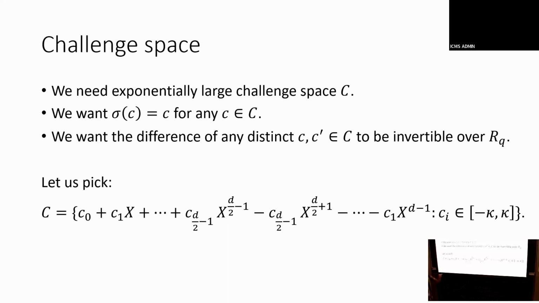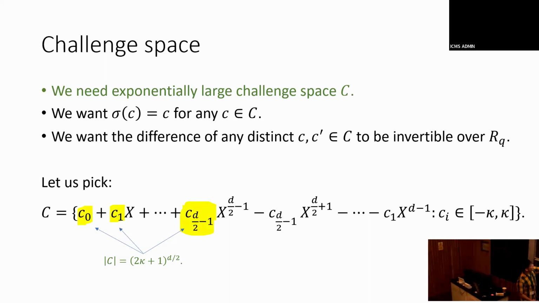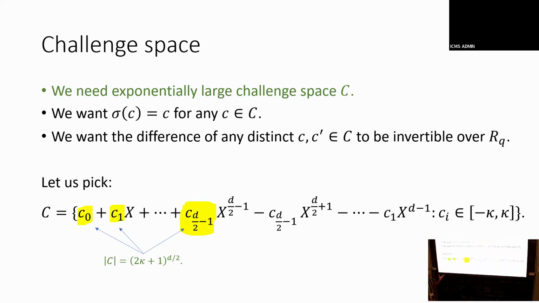You can manually check that for every element of this form, sigma of C is equal to C. In terms of the challenge space, I still have d over 2 degrees of freedom. So if I pick challenges with coefficients between minus kappa and kappa, I still get an exponential challenge space.